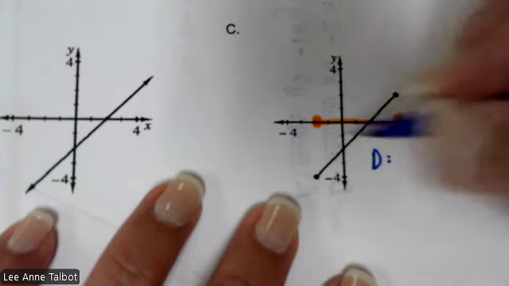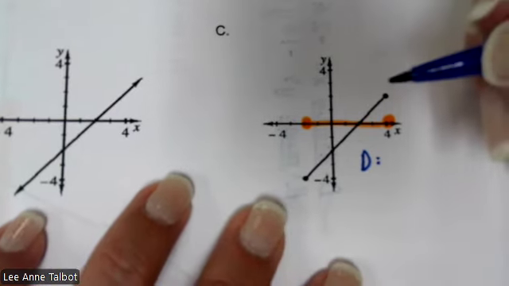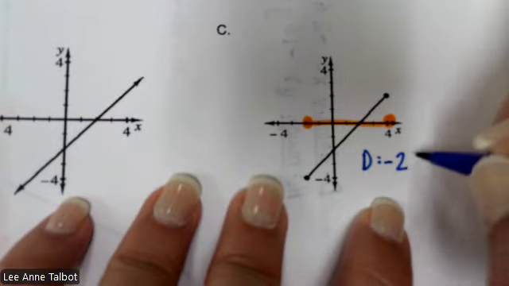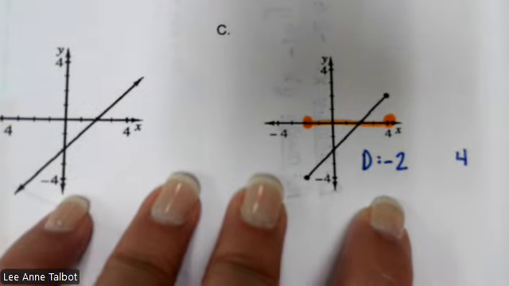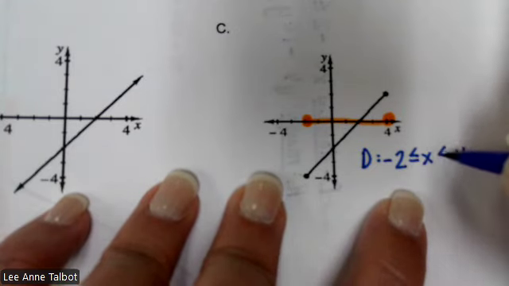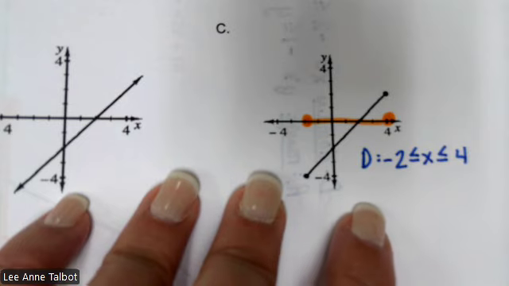What numbers are these between? Beautiful. -2 and 4. X less than or equal to less than or equal to.